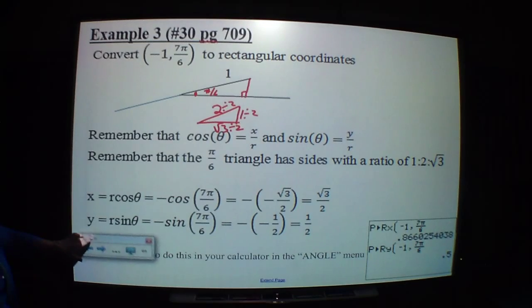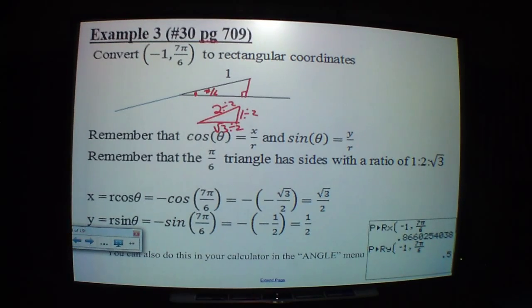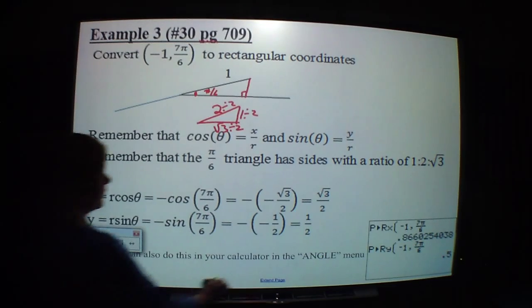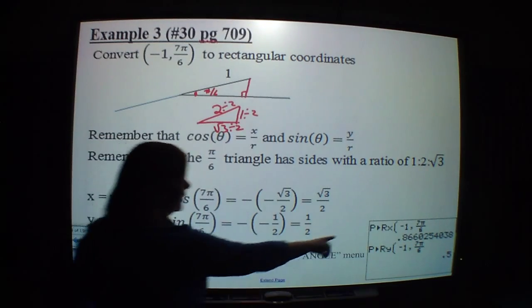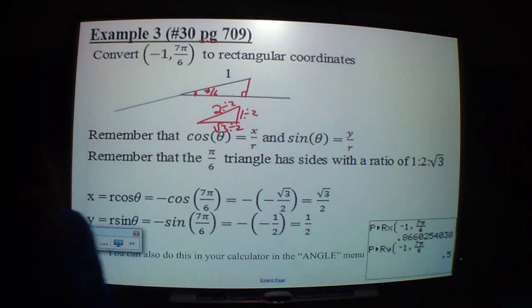You could also pick up your calculator, and in the angle measurement, you can do polar to rectangular. You can put that in your calculator, and that's under the angle button, which was the same place where you did your degrees, minutes, and seconds when you converted, if you remember that you did that.